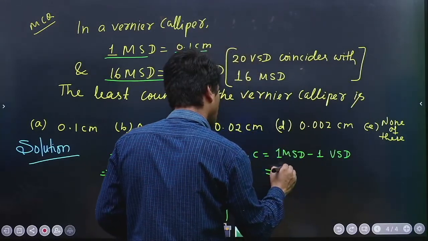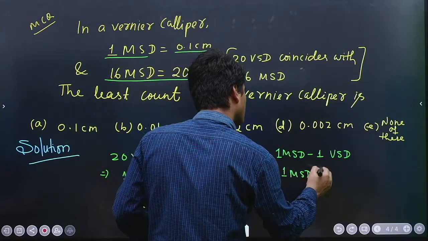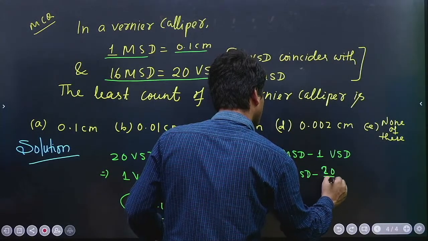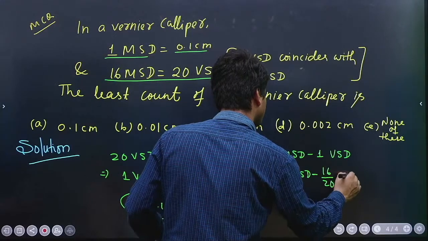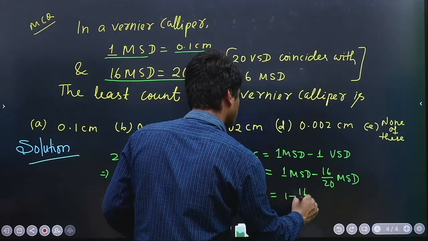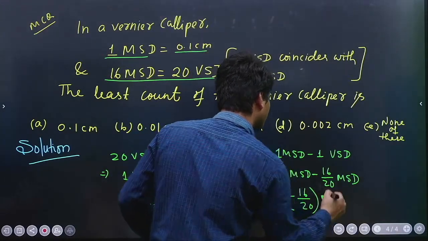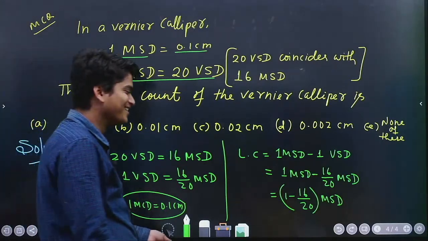1 MSD how much, ma? Keep that one. We will take common at a time. 1 MSD minus 16 by 20 MSD. Very good. Now MSD take common. 1 minus 16 by 20.